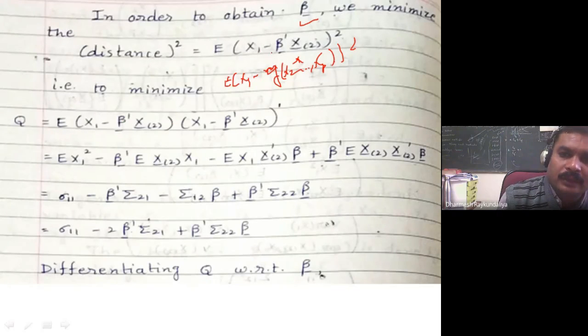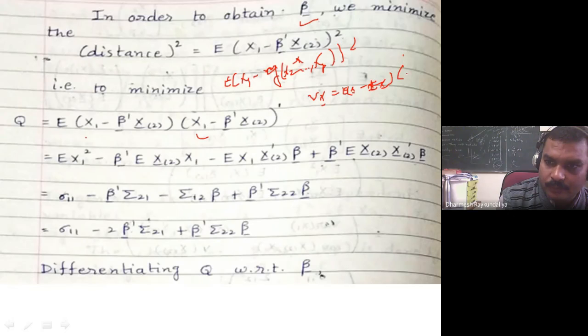So can I write this quantity in this way? Expectation of x1 minus beta transpose x2 into x1 minus beta transpose x2 whole transpose. If you remember, I wrote variance of x as the expectation of x minus expectation of x into x minus expectation of x transpose. So this is what I have written here in the same fashion.